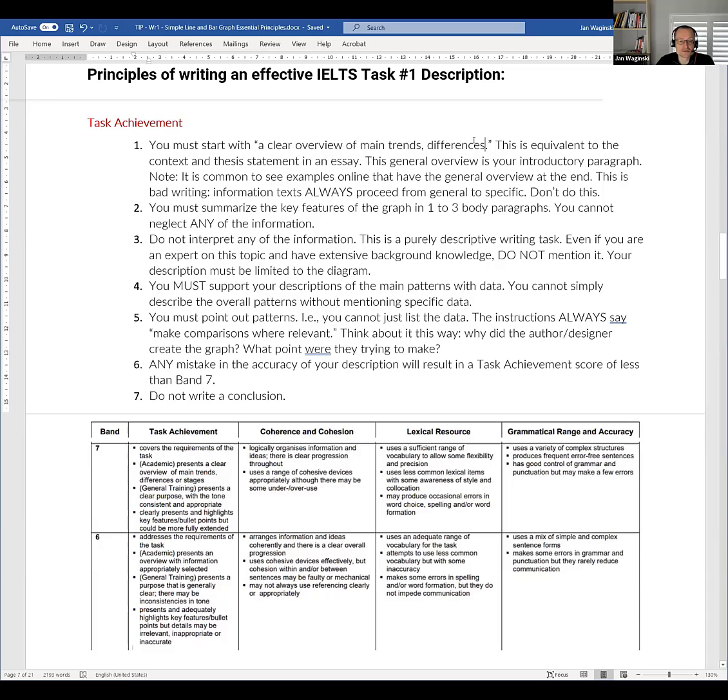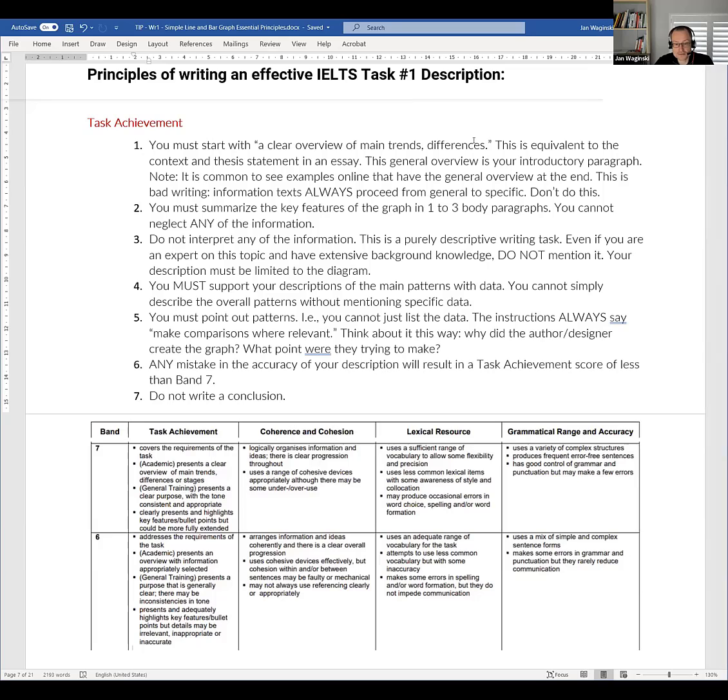So this is equivalent to the context and thesis statement in an essay. Basically, the structure of your first paragraph is the same in both writing task 1 and writing task 2. In writing task 2, the essay, you start off by paraphrasing the context in the prompt. You do exactly the same thing in writing task 1.